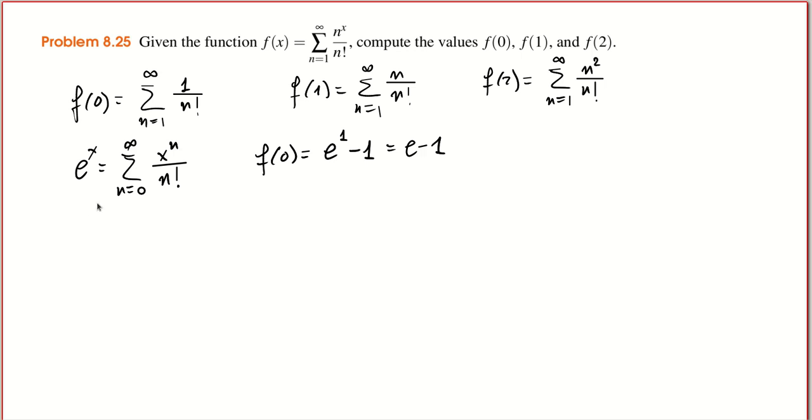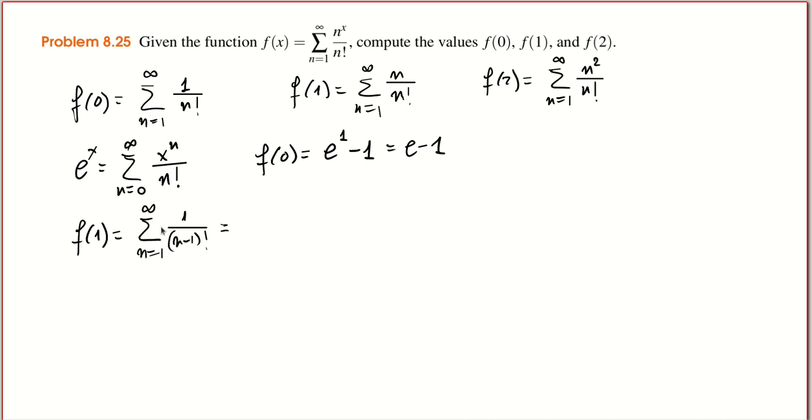There are at least two ways to do this series. F of 1 is, well, you have n over n factorial. Clearly, the factor n cancels up and down, and then you have 1 over n minus 1 factorial.